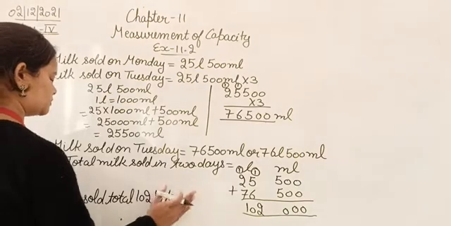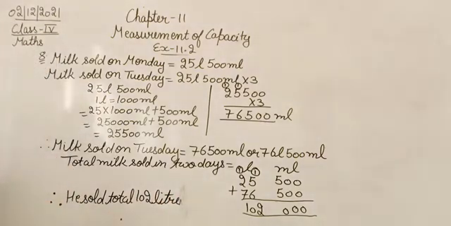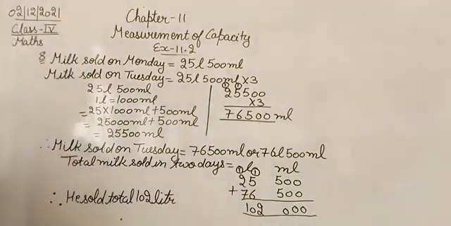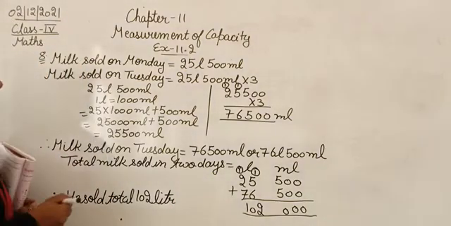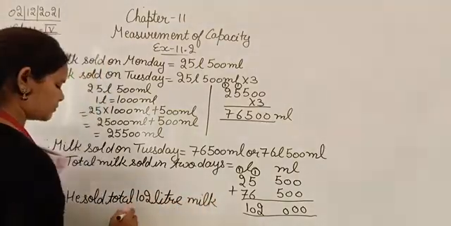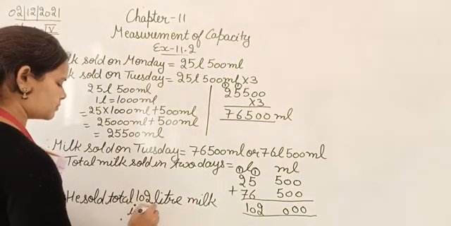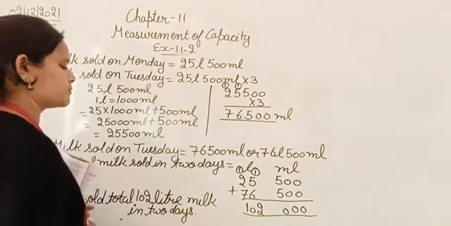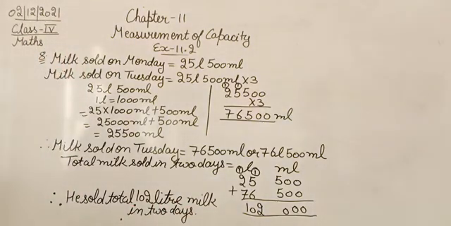Therefore, he sold total 102 liter milk in 2 days. Full stop. So this is the quantity of milk sold by him in 2 days, that is 102 liters. Clear? So this is the solution for the question number 8. You can pause it here and note it down in your notebooks.